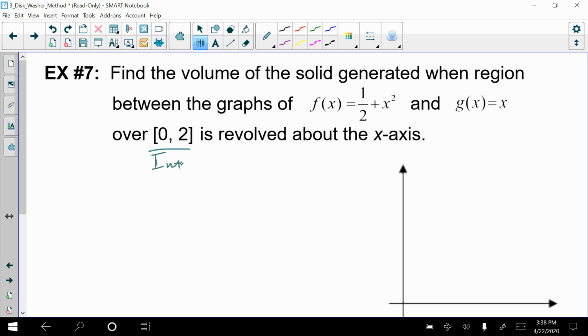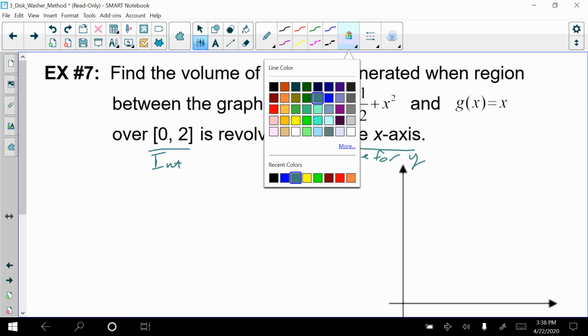And because we're revolving it about the x-axis, if it wasn't already, we would make sure that we solve our equations for y. Okay, so we don't want to mess with any of those things there. Now we do need to sketch the regions so we can correctly identify our interior and exterior radii.